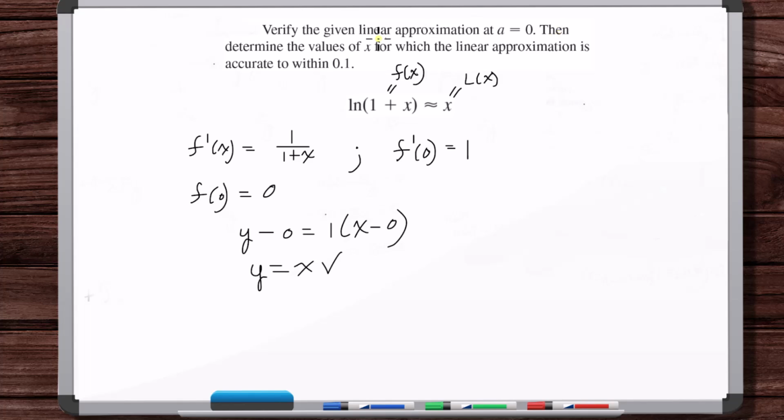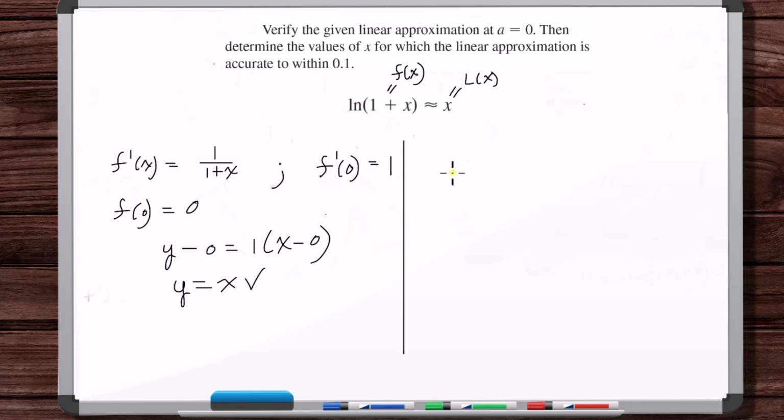Now, determine the values of x for which the linear approximation is accurate to within 0.1. So how do we do this? Well, we need to solve this. So the idea is the absolute value of the function minus the linear approximation. When is this within 0.1?